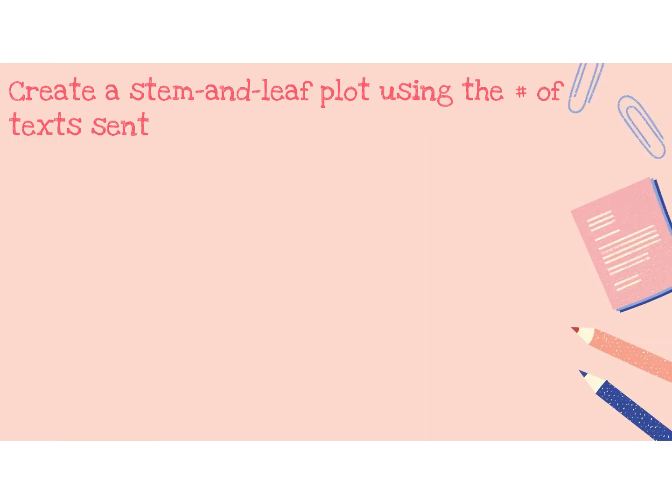So we're going to take our data from above, and we are going to create a stem and leaf plot. So to do that, all we have to do is first draw our line that's going to separate our stems and our leaves. And we need to figure out where our stems are going to start. So if you look at your data, you can see that your lowest number is 78.